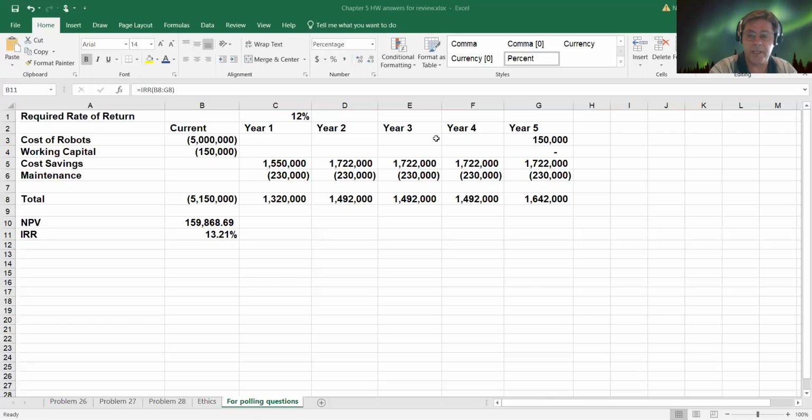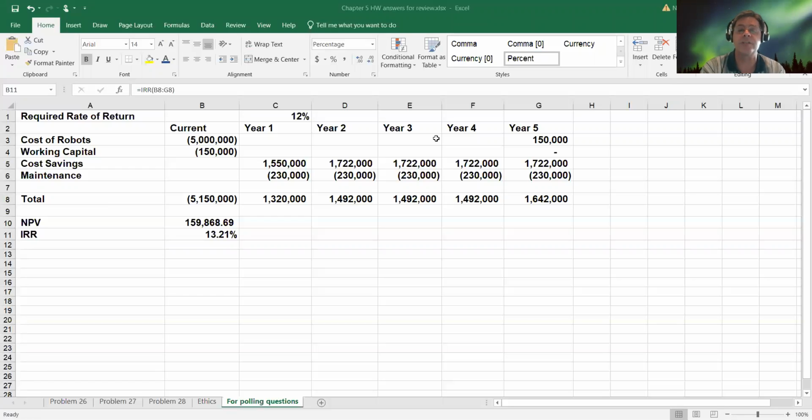RCT, which is the company that you saw on the spreadsheet, is considering the installation of robots in its factory. Using projected future cash flows, the cost to invest $5 million as shown and a required rate of return of 12%, RCT determines that NPV is 159,868, which is what is shown.